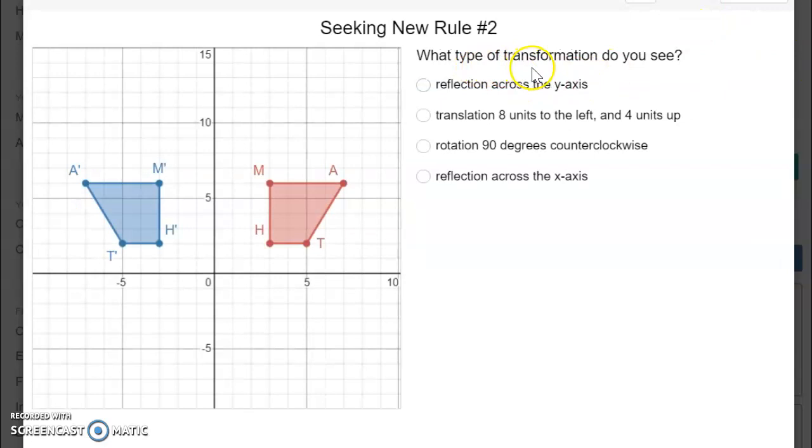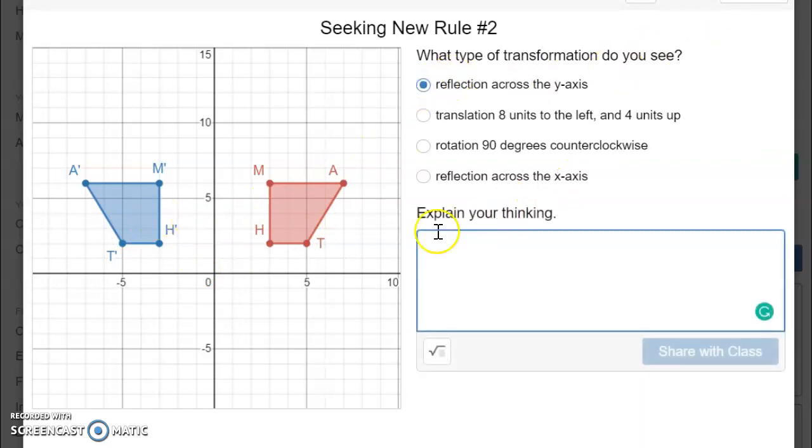And what type of transformation do you see? Well, I can see that M became M prime right here. A became A prime here. So what do you think? This is a reflection across the y-axis. It's as if I put a mirror right here, then I could see the reflection on the mirror that looks exactly like the reflected image here. So it's a reflection across the y-axis.